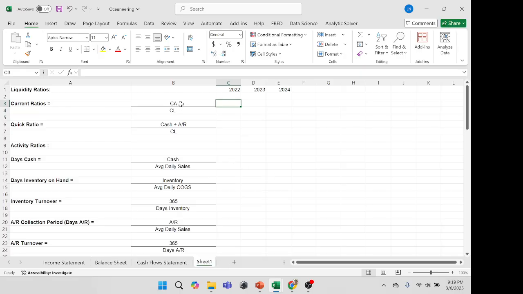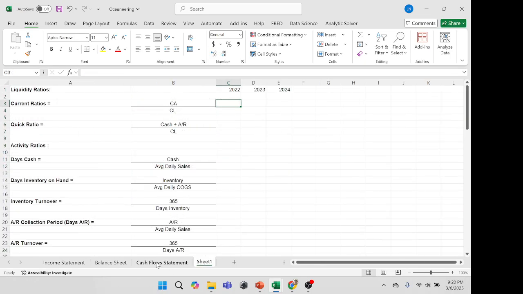So let's say you don't know where current asset and current liability are. Are they on the balance sheet or on the income statement? I would say go ask ChatGPT. Ask where can I find current ratios, where can I find current asset, where can I find current liabilities. I would say everything is in the income statement and the balance sheet.